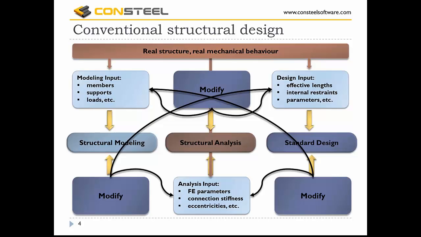If we change something in the modeling input, then we have to consider all the other inputs, if this change, this modification in the model, can have an influence, for example, on some design parameters. So we have to consider this. So this is the conventional way of design.